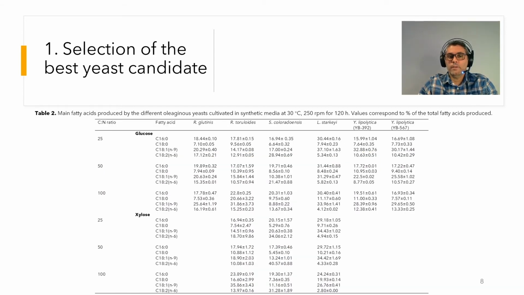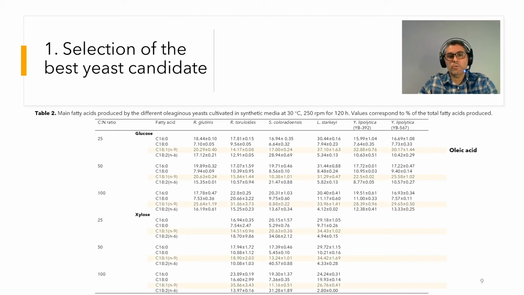This table lists the main fatty acids produced by the 6 oleaginous yeasts in synthetic media with different carbon-to-nitrogen ratios. The major fatty acids produced by these yeasts were palmitic, stearic, oleic, and linoleic acids, which accounted for more than 50% of the total fatty acids produced.